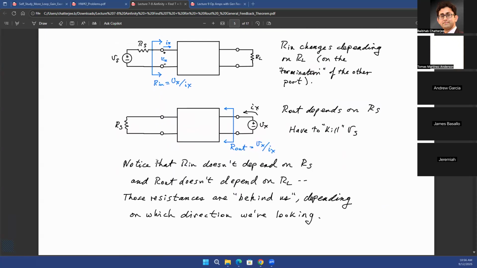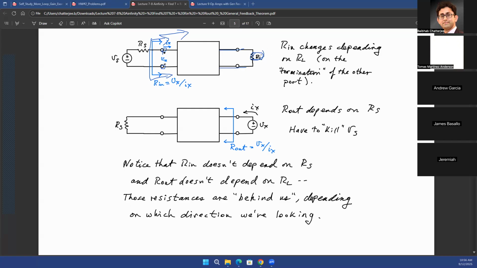All right. Now, one thing that is interesting is if you connect an RL, let's say you have this black box, and at the output of the black box you connect a load resistance. Now, if you're looking at the input resistance, that is the input of the black box at this terminal, one interesting thing you see is that looking into the right-hand side, you see the black box, and you also see RL.